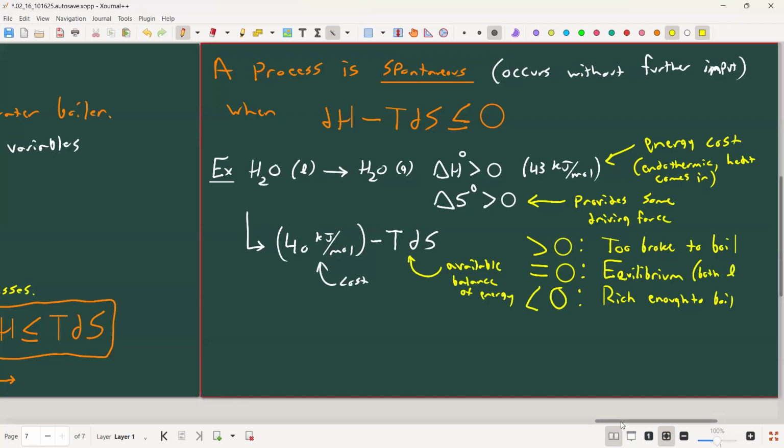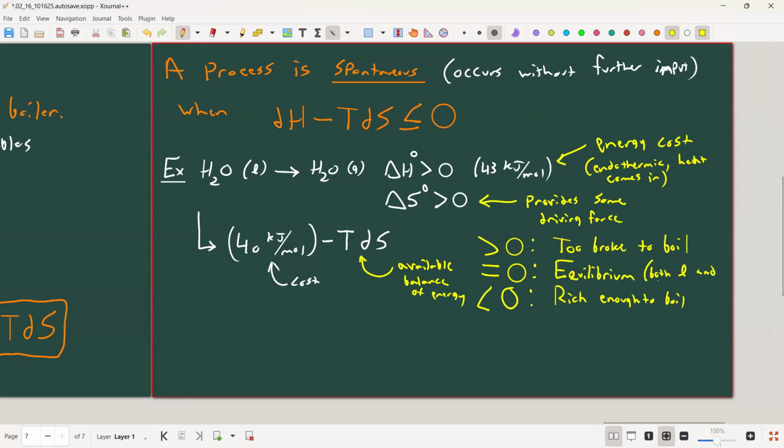So both liquid and gas are okay. The system is just as equally likely to condense as it is to boil when you have exactly the right amount of energy. So we call that equilibrium in the sense of chemical equilibrium, right? Where it says that it's equally likely for you to have liquid or gas.